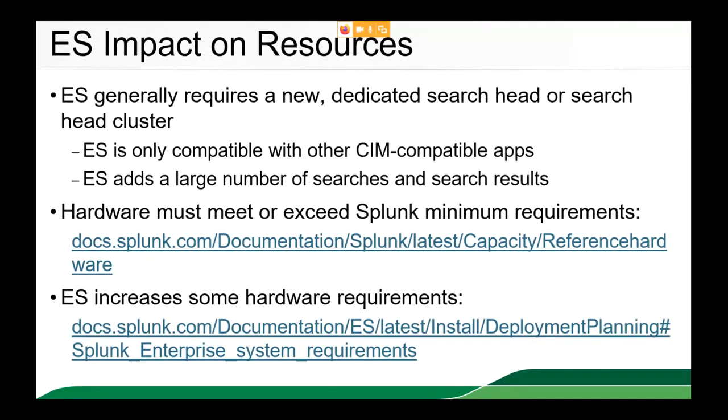When you search the data, the amount of resources it needs is one CPU per search. That's why ES is search intensive, because it's running all the correlation rules, alerts, and reports at the same time. So that's why it needs a single dedicated search head.